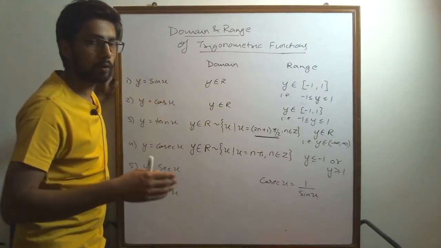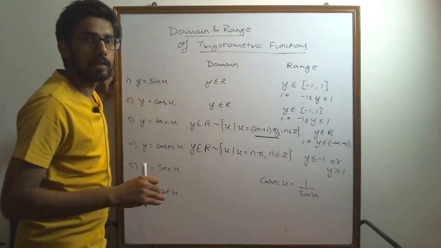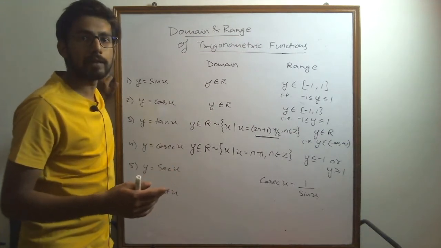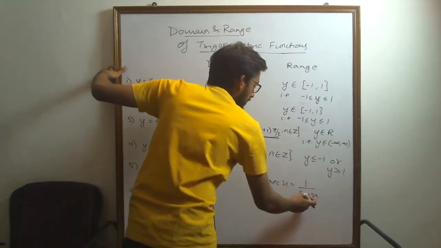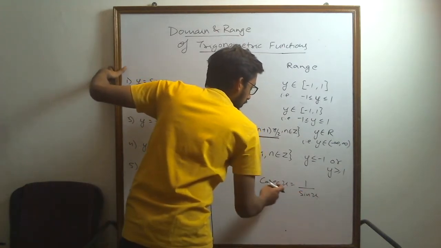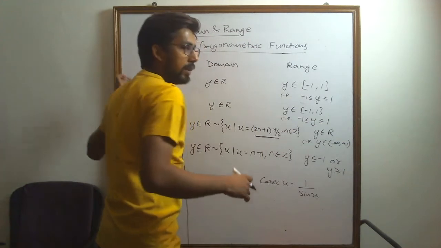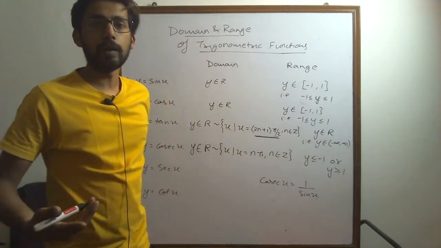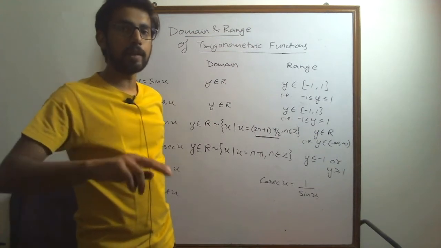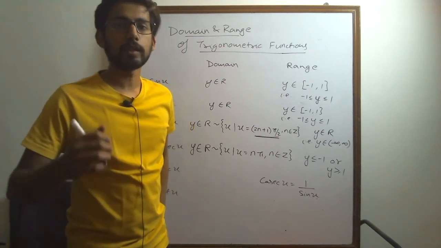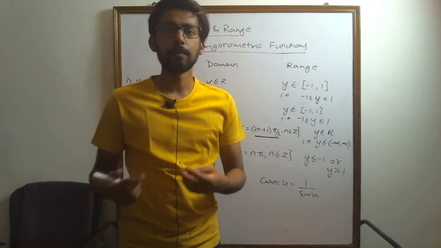When sin x is close to 0 but negative, cosec x will tend to minus infinity. Also, if sin x is between 0 and 1, cosec x will be greater than 1, right? And whenever sin x is between -1 and 0, cosec x will be less than -1.